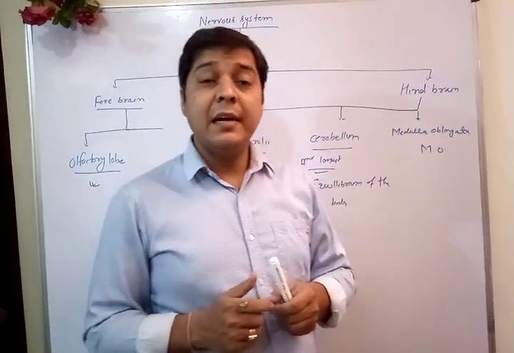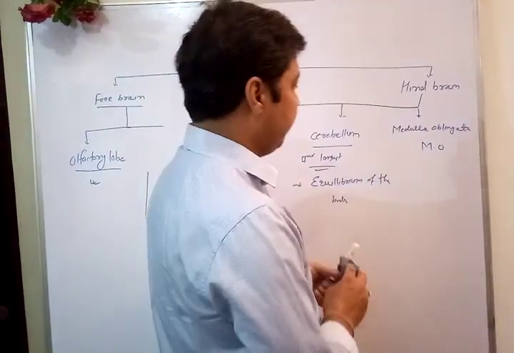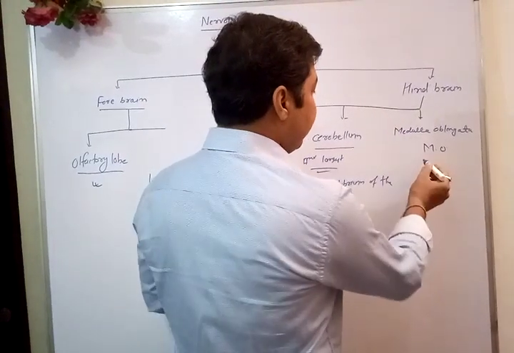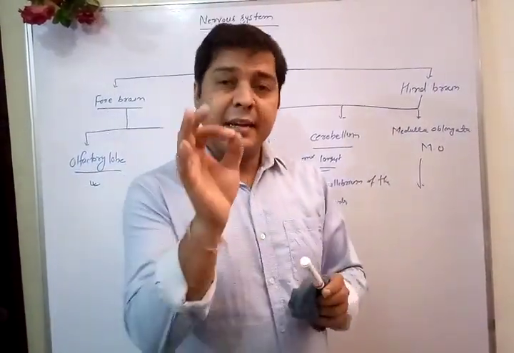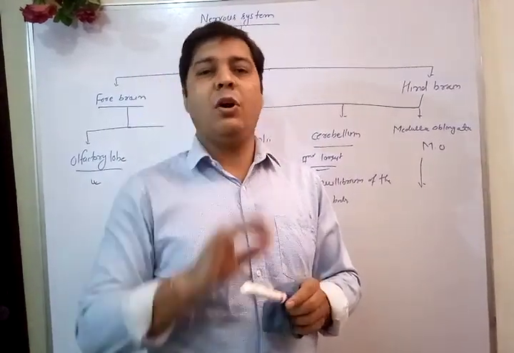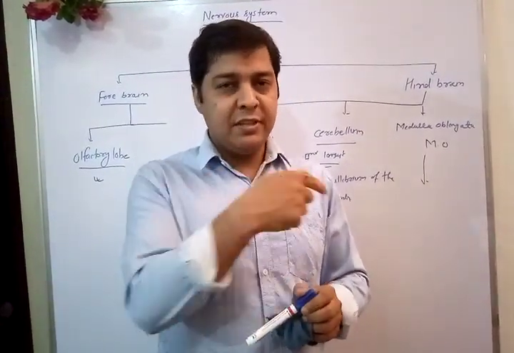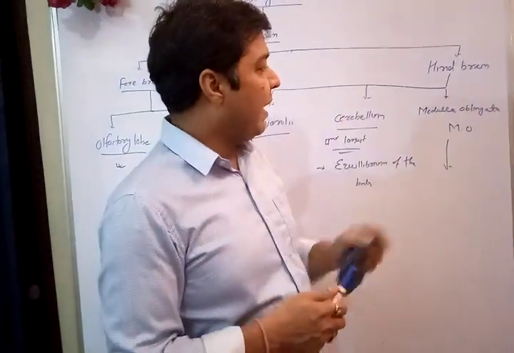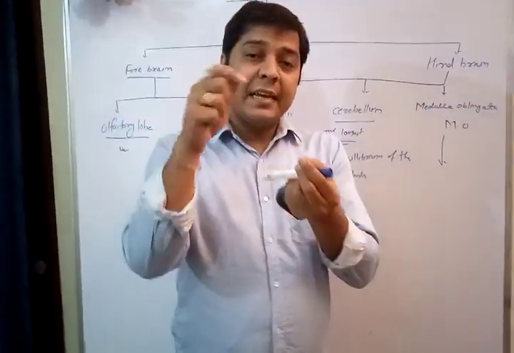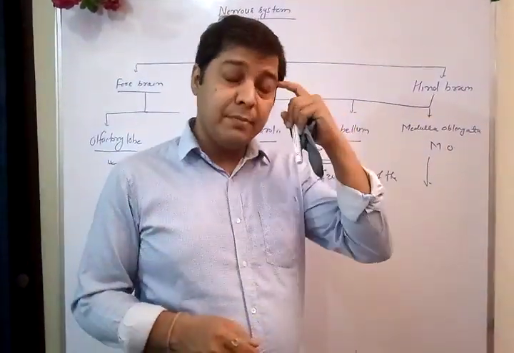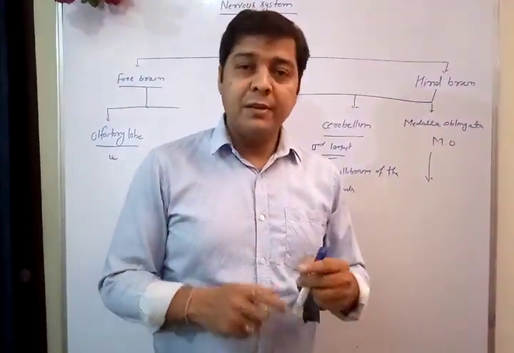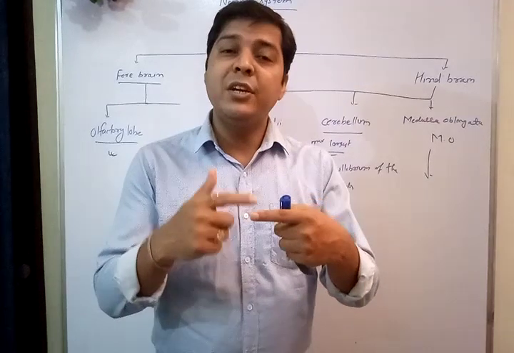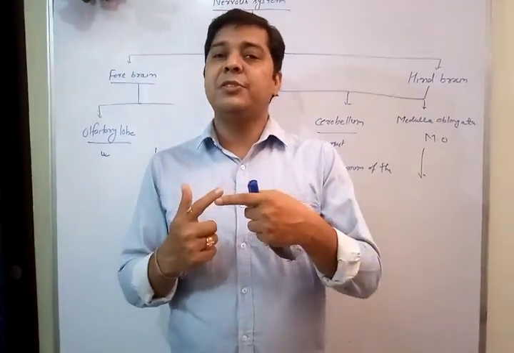Medulla oblongata is the last part of the brain, and it connects with the spinal cord. After this I'll teach you about the spinal cord. The spinal cord is connected with this MO, the medulla oblongata, the last part of the brain, and it is responsible for controlling all kinds of involuntary actions.